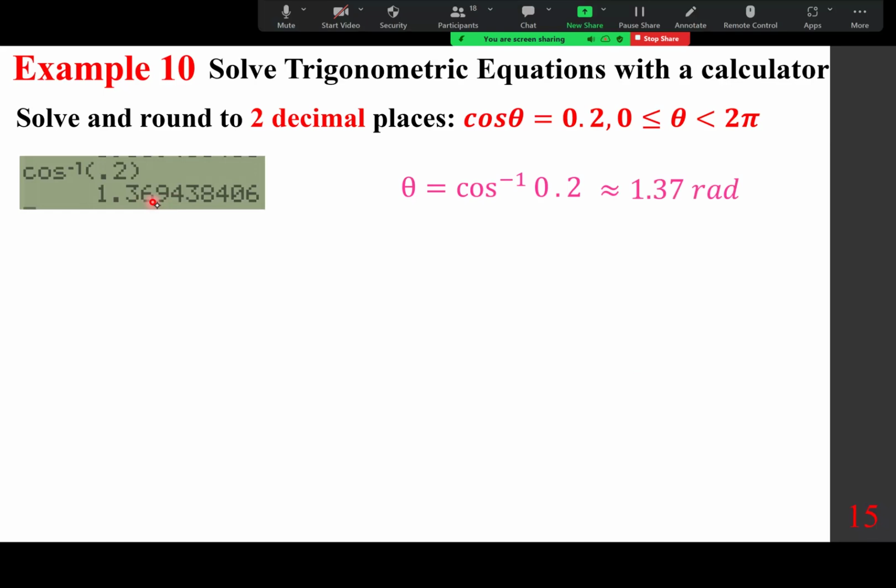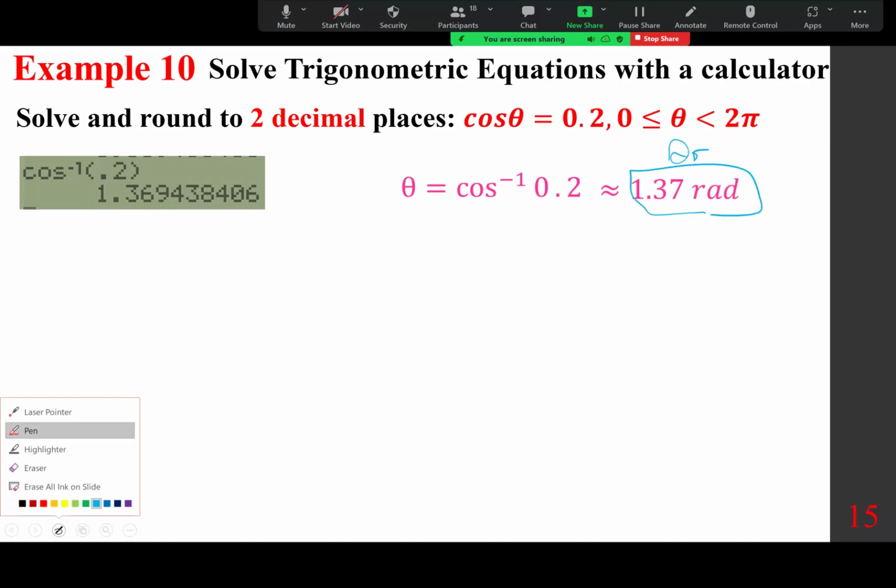Now, remember, cosine inverse gives you a unique solution, so just one solution. But from 0 to 2 pi, there are 2 solutions, and you do know this acts as the reference arc. So this would be the reference arc because it's in the first quadrant, or because it's between 0 and pi over 2.